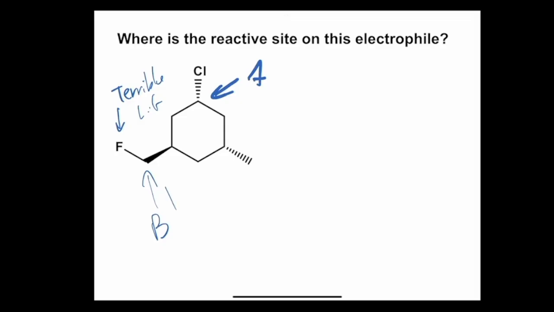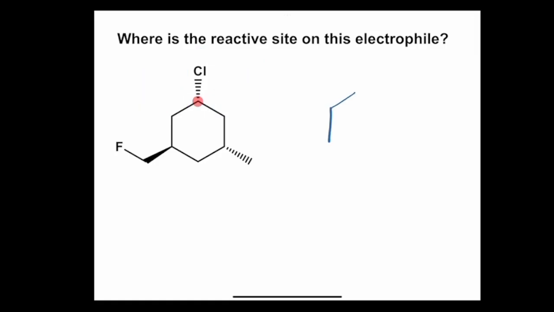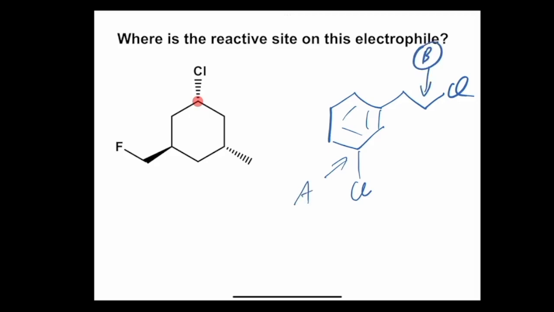Even though it's a primary center, don't let that draw your eye. Fluoride's attached to it, so it's not going to be a leaving group. The only one you're going to be considering is this center here. So if we had to do a substitution reaction on this one, that's going to be our center. Just like if I was to draw a molecule that looked like this, where is my reactive site, A or B?